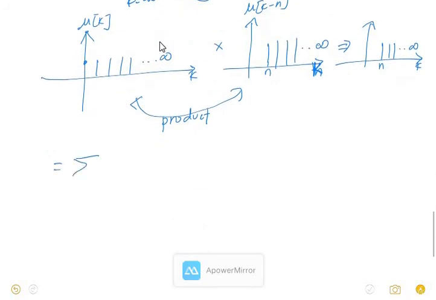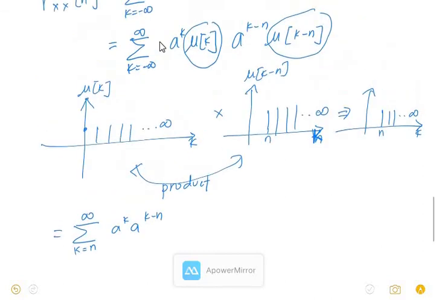Now k is from n to infinity, and a^k a^(k minus n) is the remaining. After you do this, you have the limits, and then you are left with a^k a^(k minus n). That is how you get from here.